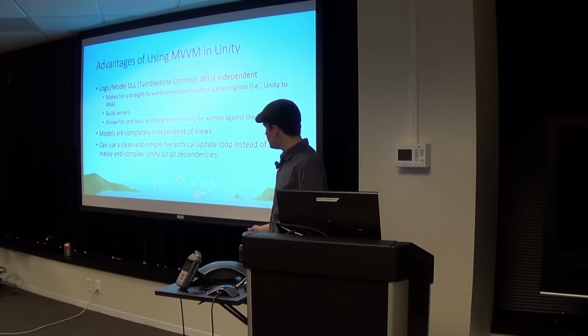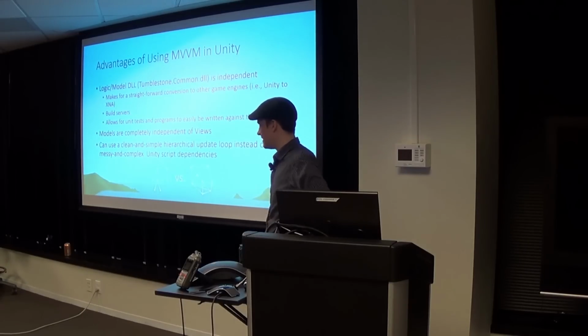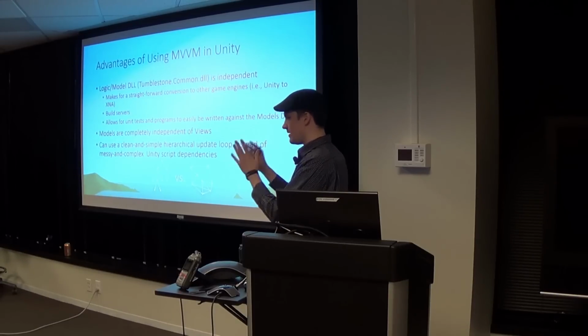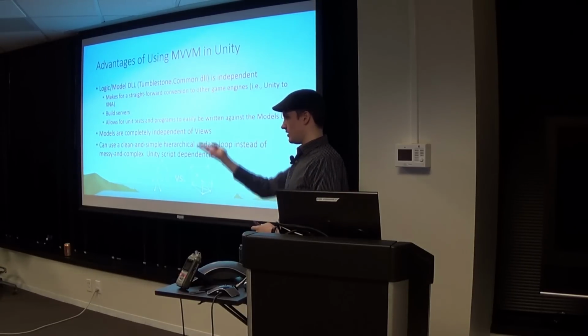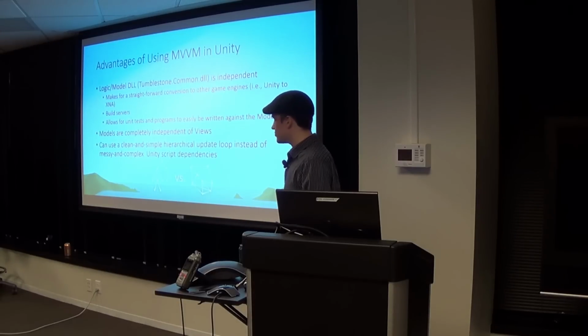You don't have what Unity kind of wants you to do, by having every script know about every other script and just have this giant spaghetti code, which is kind of the Unity behavioral pattern, which I absolutely hate. It's messy and complex. So this is really straightforward. If you go back to the slide where I showed you the one frame as it calls through the Tumblestone.common layer, it's this nice clean tree over here.